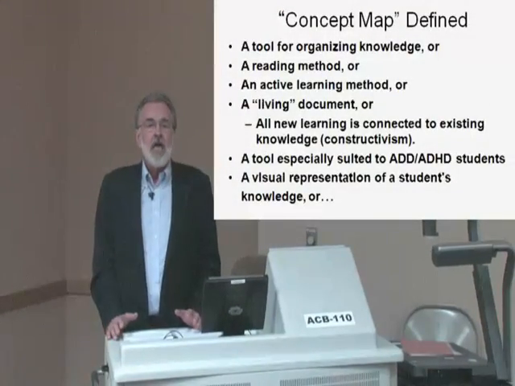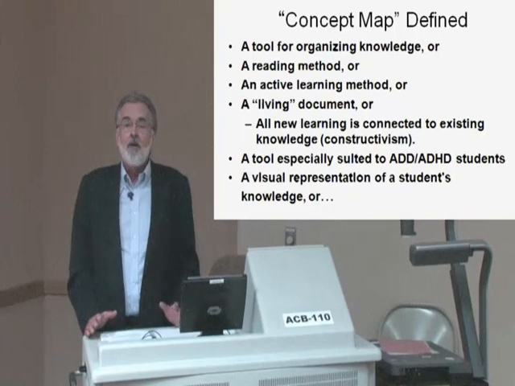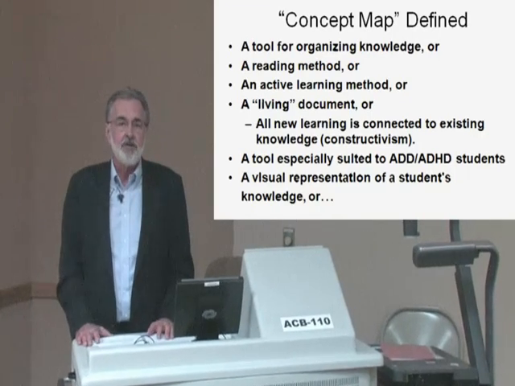Now let's move on into the definition of what concept maps are. I think the most obvious thing you're going to see when we begin looking at the examples of concept maps is that because they're a visual picture that's connected together, they're a way of organizing information.